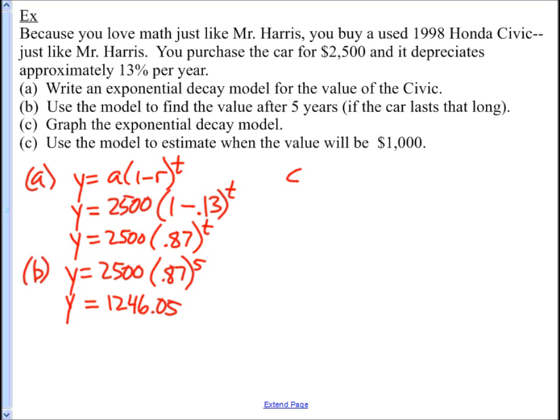Part C, graph the exponential decay model. So let's say Y is our value here, and T is our time in years. So based on the time in years, Y is our value. Let's go by 1 here, 2.